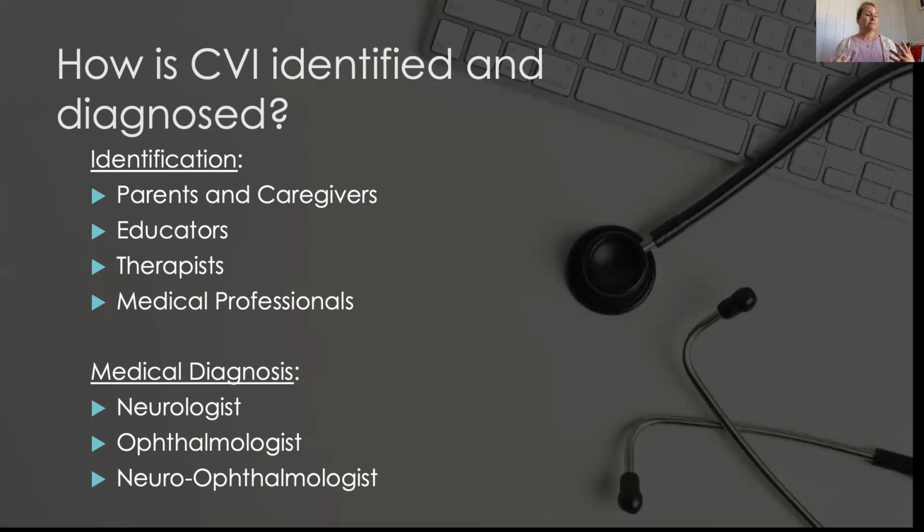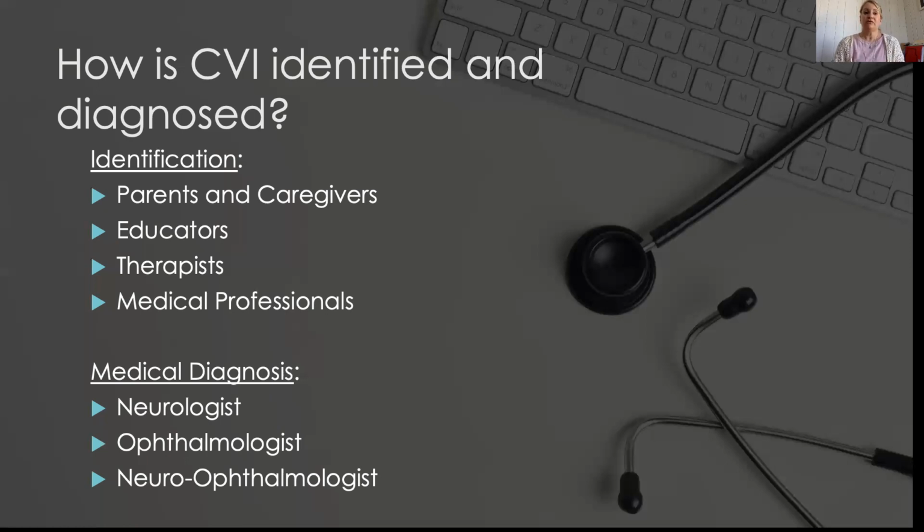We can't recommend that a parent takes their child to a neurologist, but as that parent is asking questions and we're gathering information, generally the parents are like, oh, I think we need to check into this further. And that's how that child can be seen.